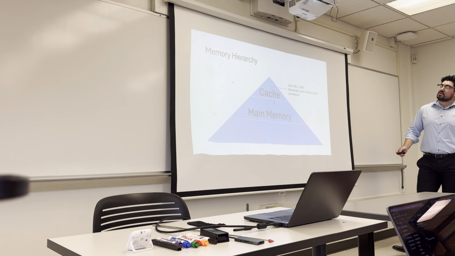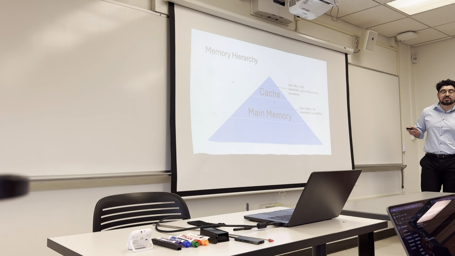In the current day and age, DDR5 is typically the highest rated RAM that we're using. These come in different sizes ranging from 4 gigabytes, which can be found on your phone, to some beefy supercomputers that can have 1 terabyte of RAM on them. Their bandwidth, at least in respects to DDR5, is up to 90 gigabytes per second. So you can see that discrepancy of several orders of magnitude between these two, cache and main memory.